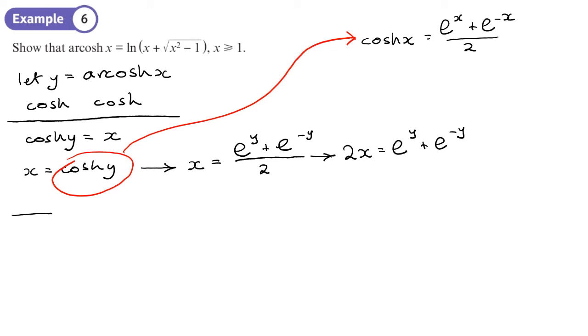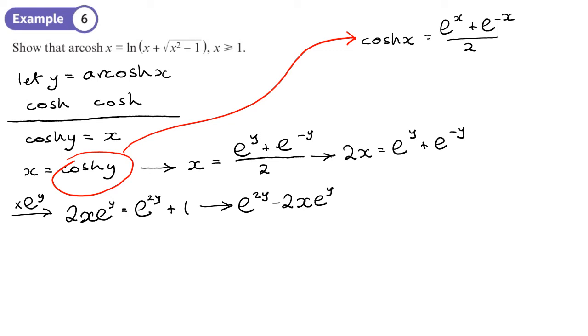Then we're going to times both sides by e to the y to get rid of that negative power. So we get 2x e to the y equals e to the y all squared, which is e to the 2y, plus 1. So we just got plus 1 instead of minus 1. We're going to bring everything to one side, so it looks like a quadratic. So we've got e to the 2y minus 2x e to the y plus 1 equals 0.